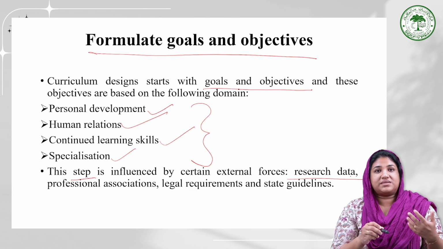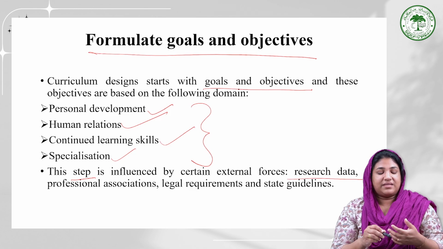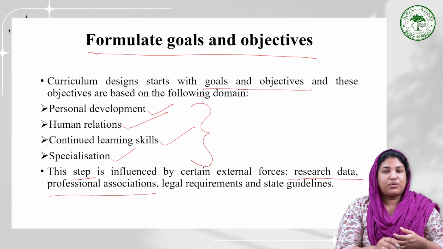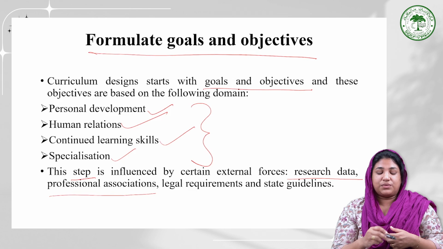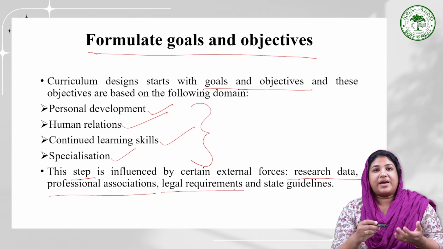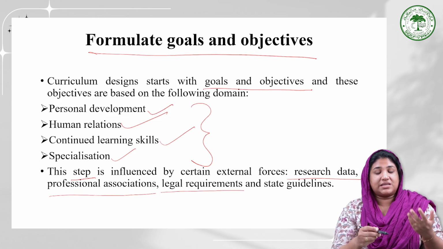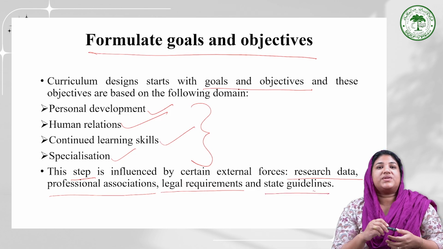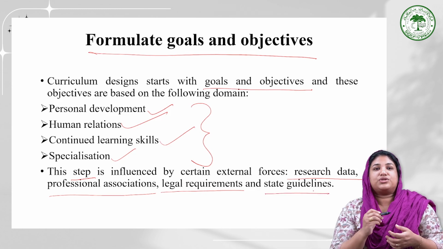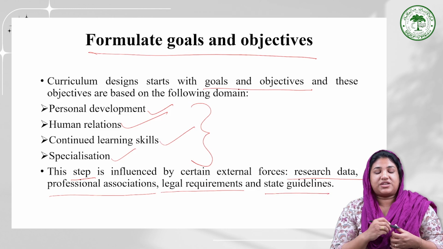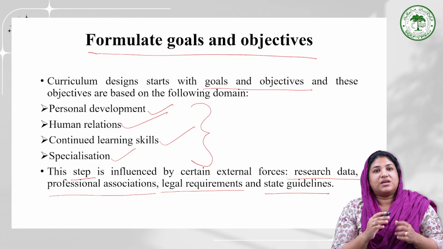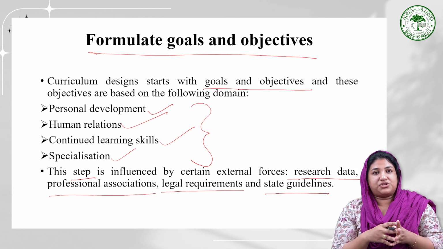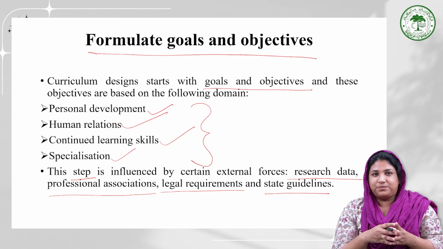We have to research various data that is available, and also we have to be in alignment with certain professional associations. Legal requirements also should be revisited, and also national and state guidelines should be taken into consideration when we are setting the goals and objectives. So that is a brief explanation with regard to formulation of goals and objectives.